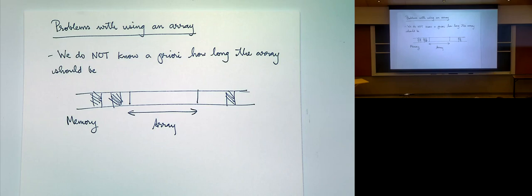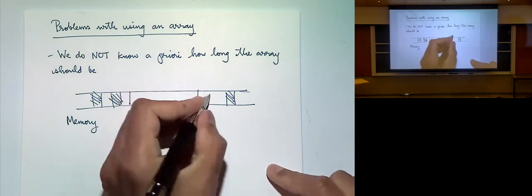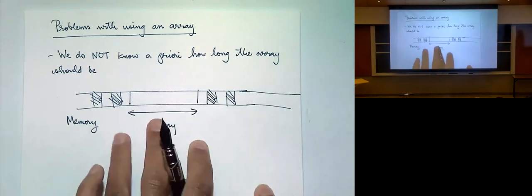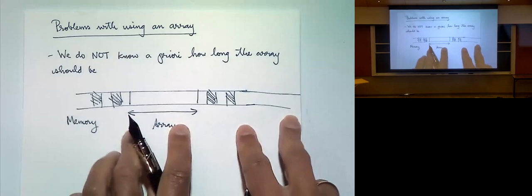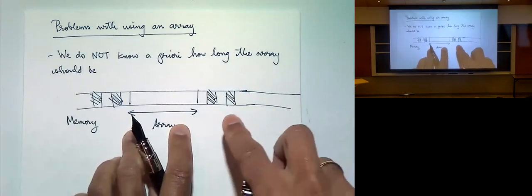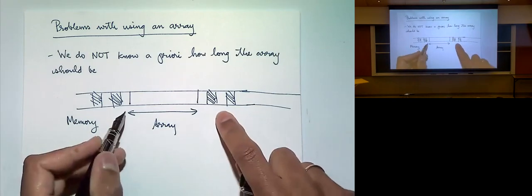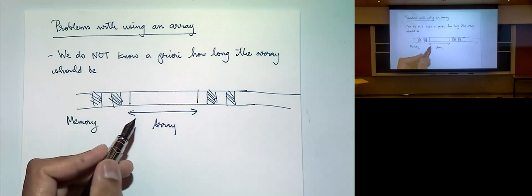And things are being stored at various places. So an array is like this chunk that is called contiguous because it's continuous in space, right? And so the problem is, suppose there's free memory here and there's free memory here. An array cannot use both of these. It has to use only one of them, right? So if you want to make your array bigger, sometimes you can bump into some things and it becomes complicated.